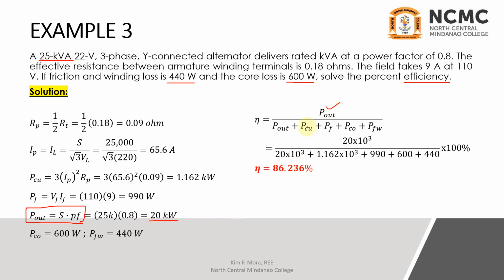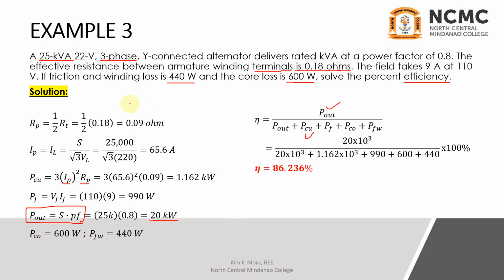Next is to solve for our copper loss, no? Then ang formula sa copper loss, since it is a three-phase alternator, we are going to use the formula 3 times I squared R, no? Then ato sang pangitaon si current o si resistance nato. Since ang atong given is ang resistance sa terminal, no?